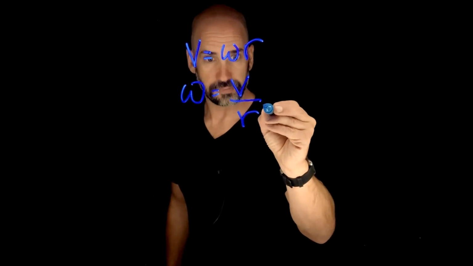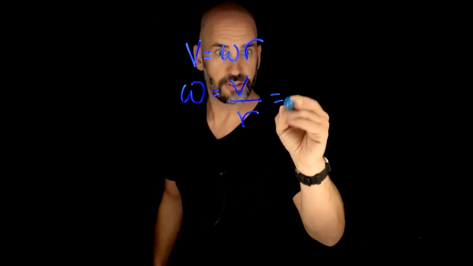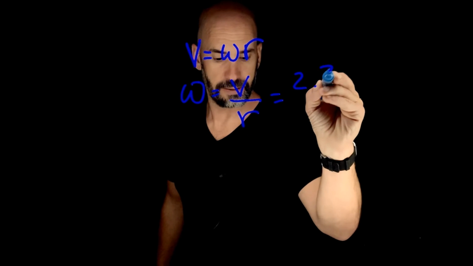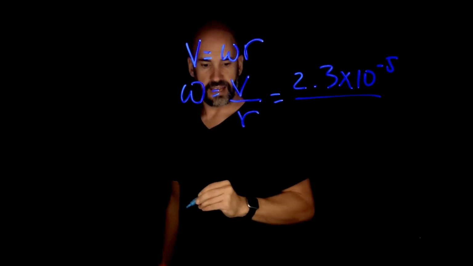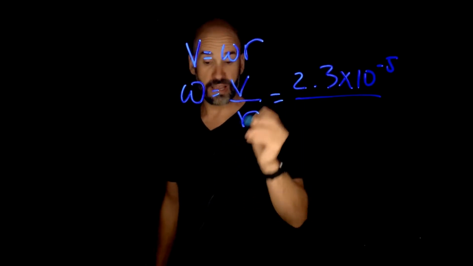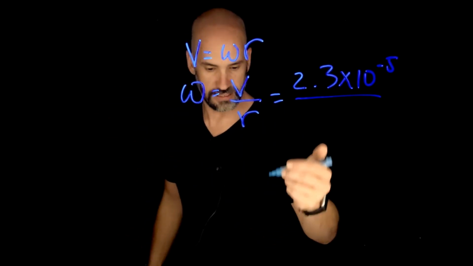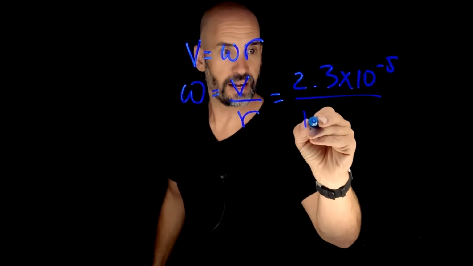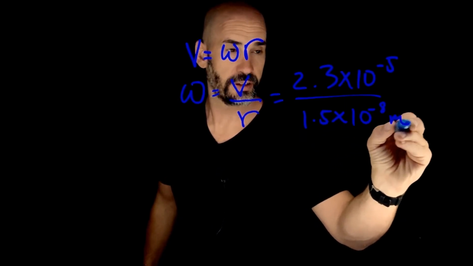It tells us that the tangential speed at the rim is 2.3 times 10 to the minus 5 meters per second, and that the radius of that rotating flagella is 1.5 times 10 to the minus 8 meters.